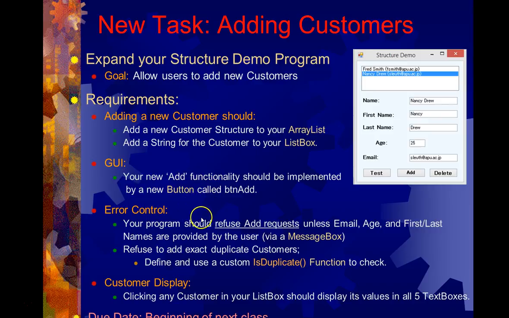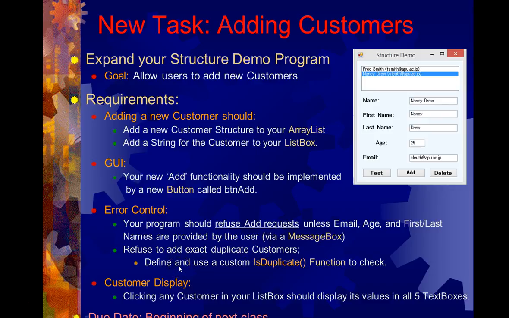And then error control. Your program should refuse add requests unless everything is provided. So email, age, first and last names are provided by the user, so it should refuse with a message box. Should say, no, you can't do that. And it should refuse to add exact duplicates.